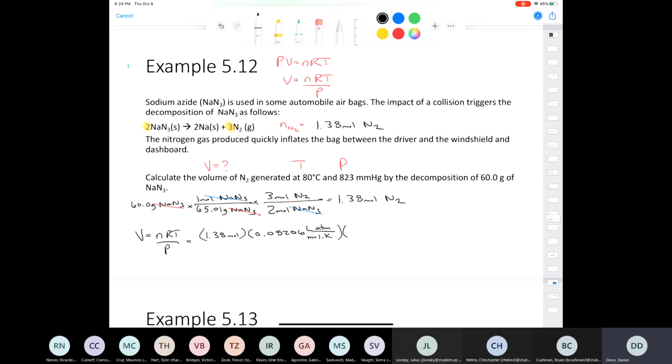I've already gone ahead and converted that into Kelvin. It is 353 Kelvin. And I've also converted the pressure into atmospheres by dividing by 760 millimeters of mercury per atmosphere, and you get 1.08 atmospheres.